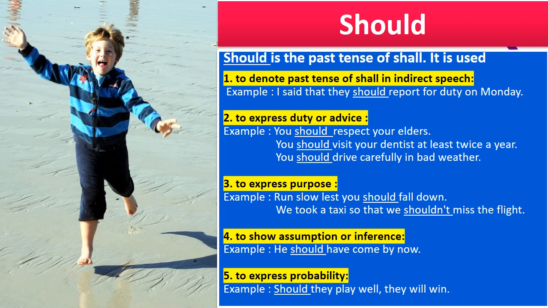For example, I said that they should report for duty on Monday. Now the main purpose of should is to express duty or advice. For example, you should respect your elders. So here an advice is given to you.